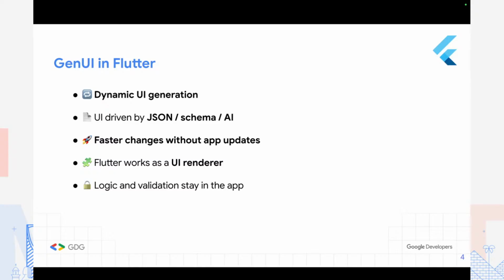You don't have to push an update. So in this way, when we keep the UI dynamic, we will have complete control over the app updates as well. And Flutter in this scenario of Gen UI works as a UI renderer, which again we will explore further.